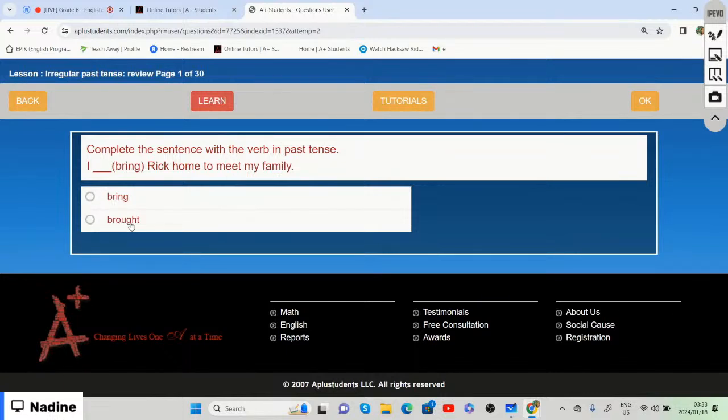Or do I say I brought Rick home to meet my family in the past tense? So in the past, do you say I bring Rick home to meet my family or I brought Rick home to meet my family? So is it option one or option two?